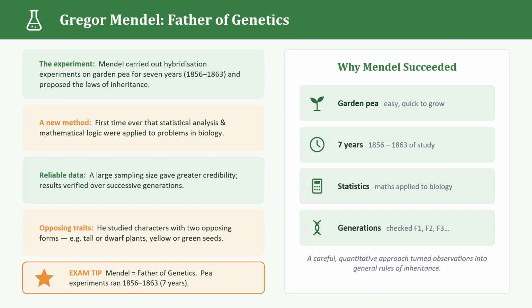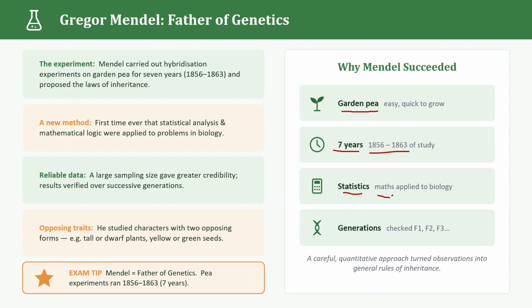He conducted experiments on garden pea plants, from the year 1856 to 1863, continuously for 7 years. His greatest contribution was introducing mathematics and statistics into biology.